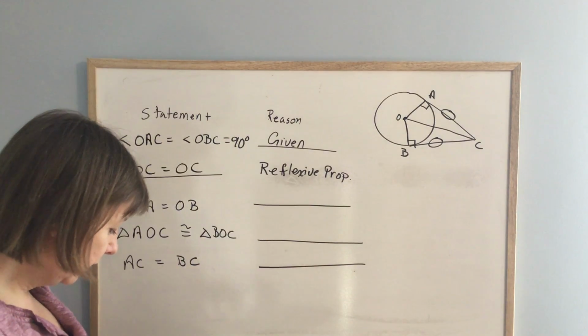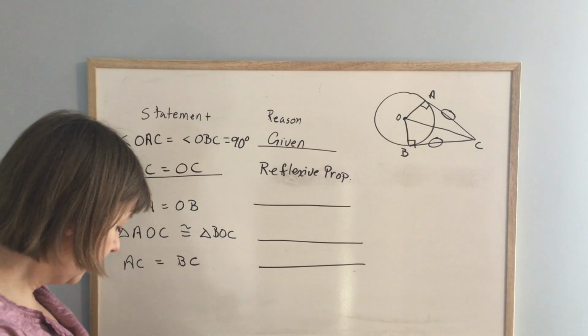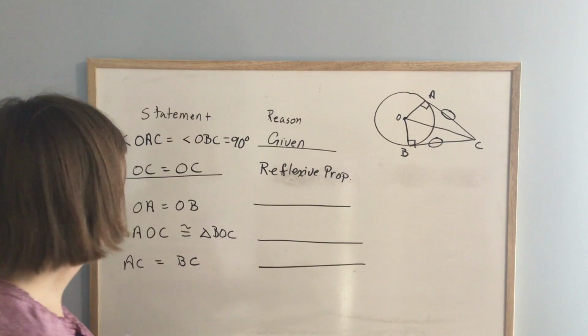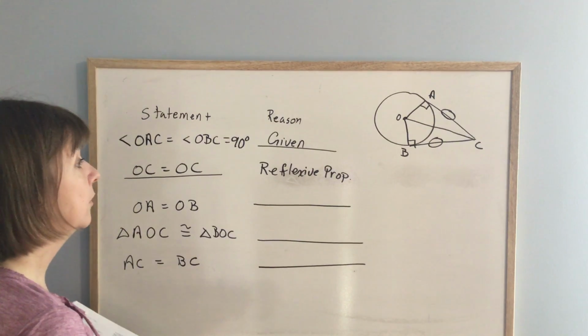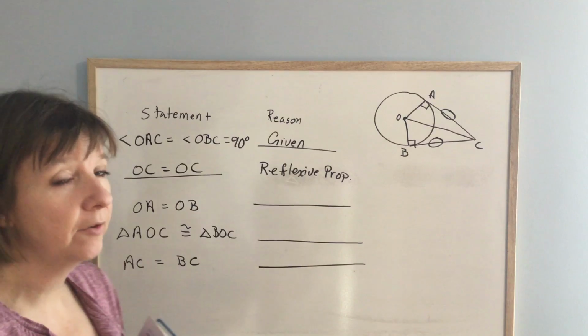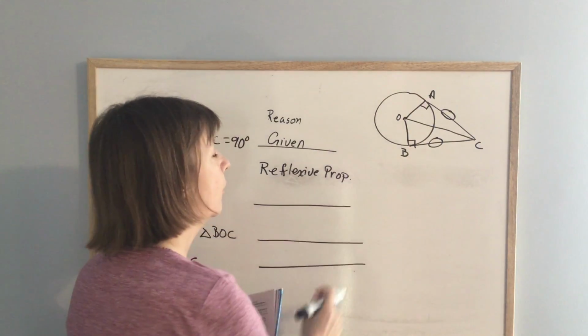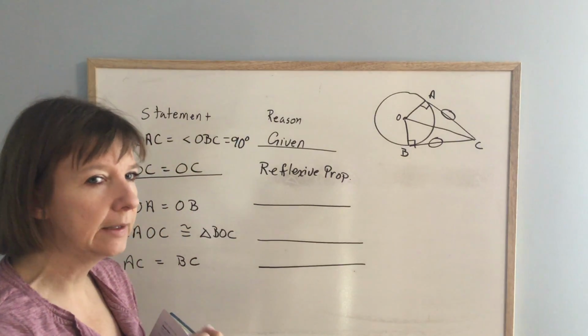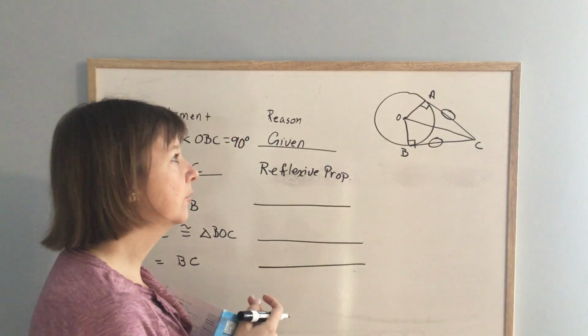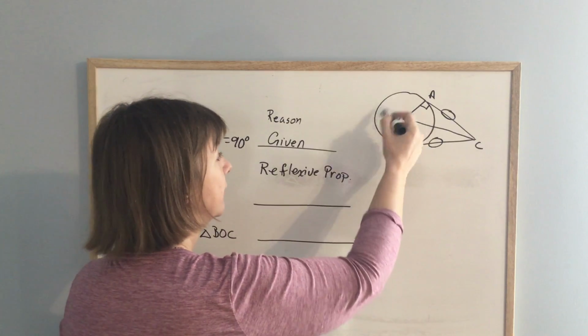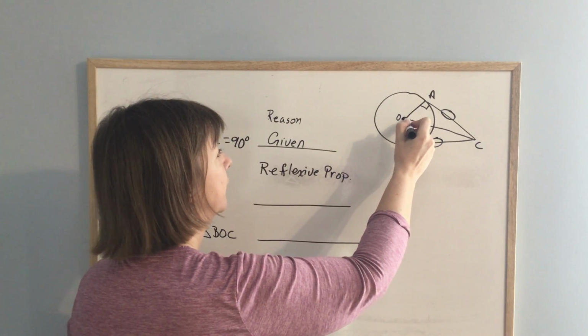And then they say OA is equal to OB. This one you might have had a hard time getting. But here's what I want you to look at. This is a circle. This is the center of the circle.